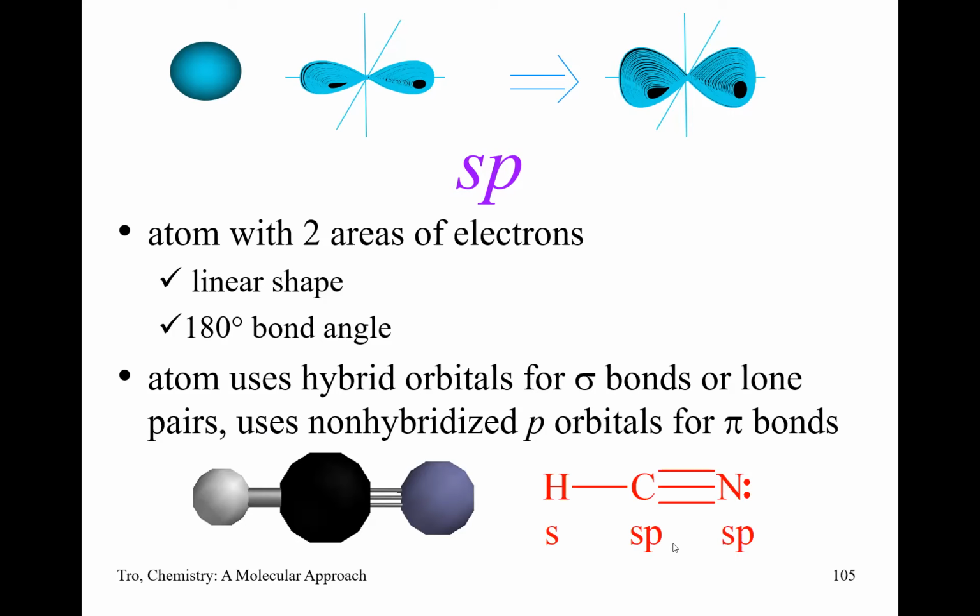So let's say this is hydrogen cyanide. You have a carbon that's sp hybridized, so 2 bonding locations because we have 2 orbitals. The overlap of the sp and the s makes that hydrogen-carbon sigma or single bond. Then the sp overlap for both carbon and nitrogen makes the sigma, and then the p orbitals that aren't used make two individual pi bonds.